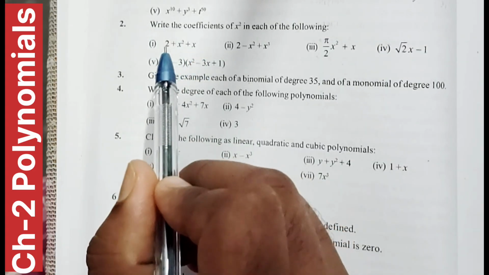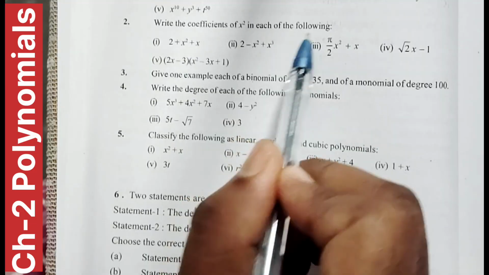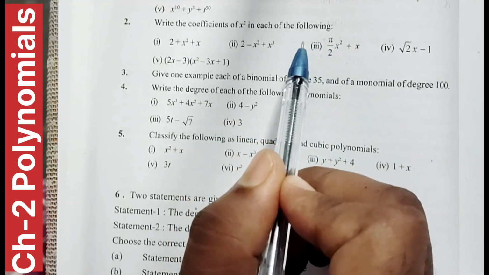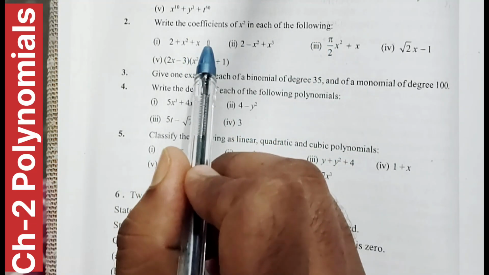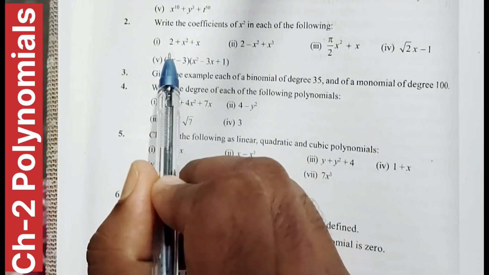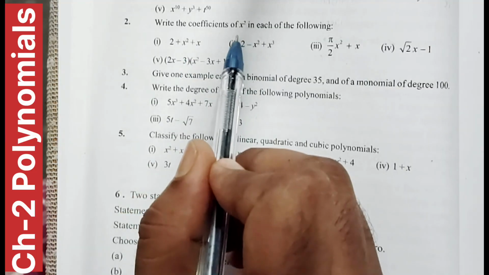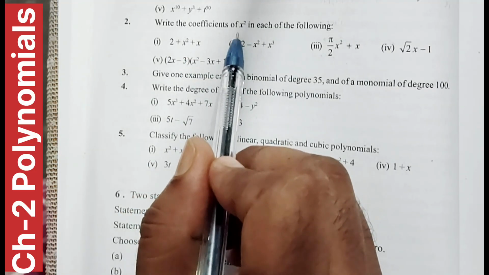See the question number 2, exercise 2.1: write the coefficient of x square in each of the following. What is the meaning of coefficient? You see the variable first, where is the variable, in each and every polynomial. After that, the coefficient of x square.